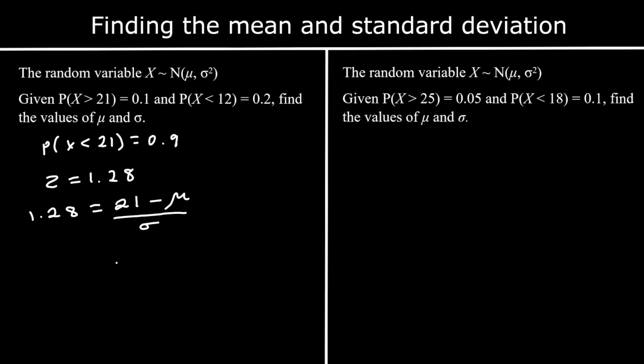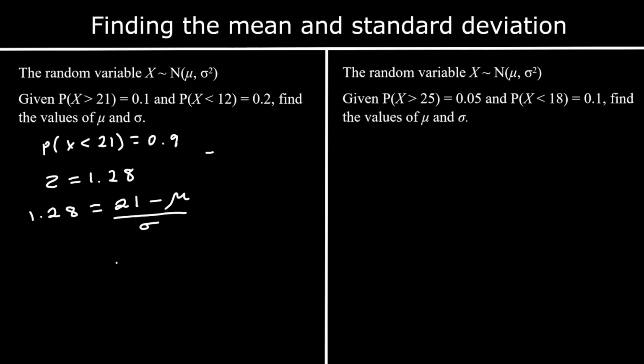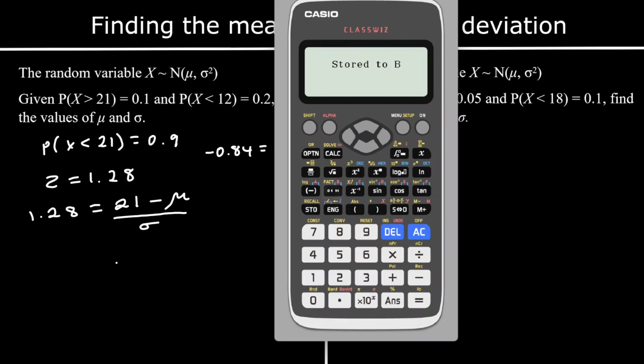For 0.2, the area is 0.2, negative 0.84. Negative 0.84 equals x minus the mean divided by standard deviation. And I'll store that one as b.